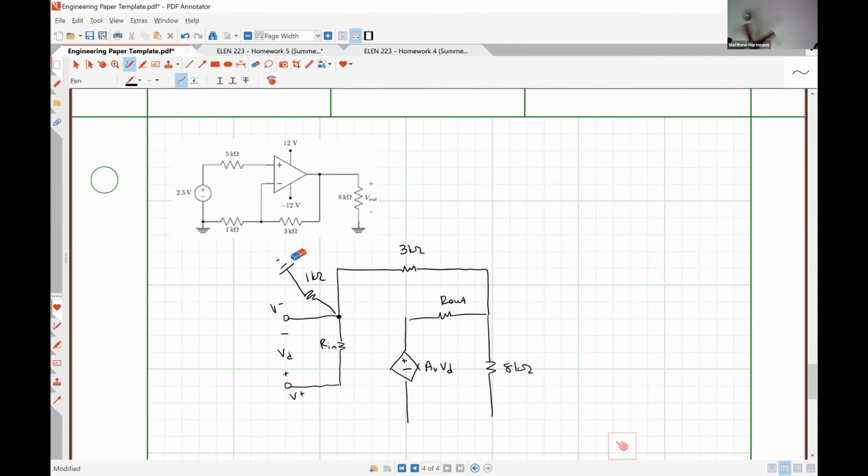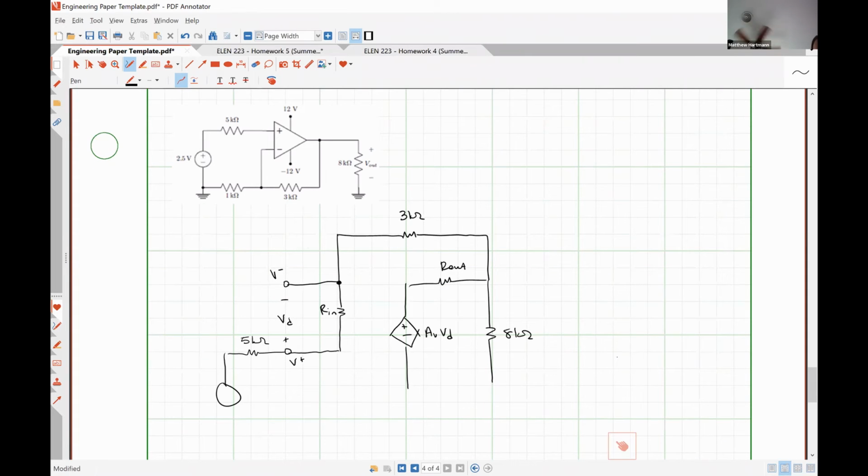From here, this is my 5 kilo ohm resistor. This is my 2.5 volt source.